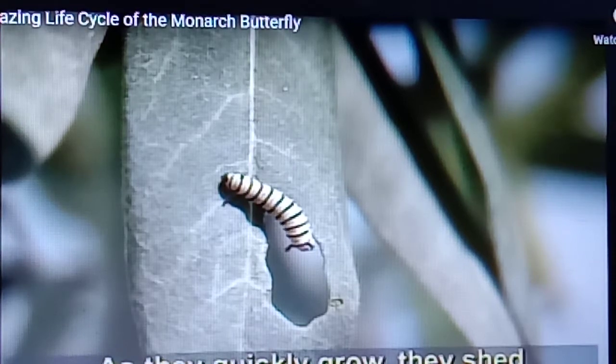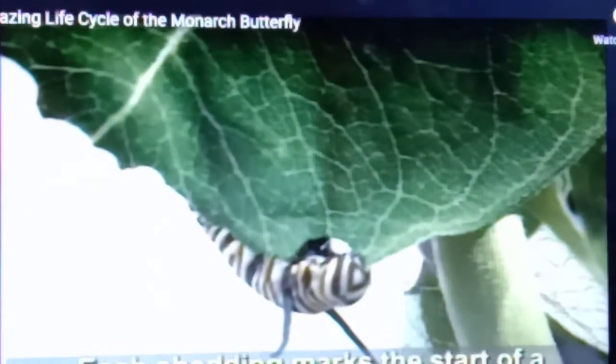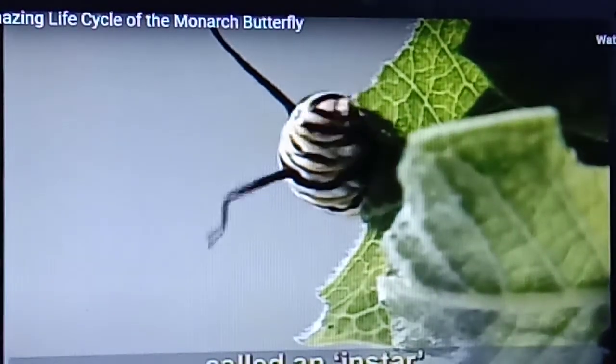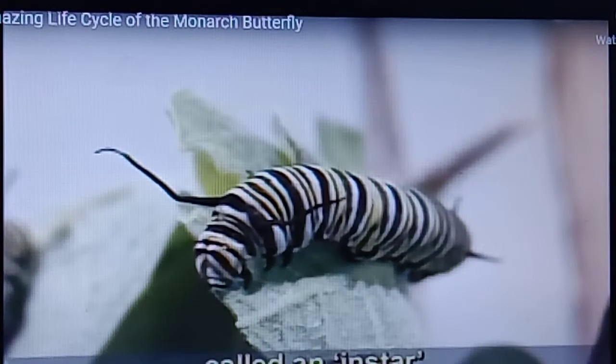It eats very fast, so its growth is very rapid. Since it is growing very fast, it increases in size. When it increases in size, it does not fit in its skin anymore.